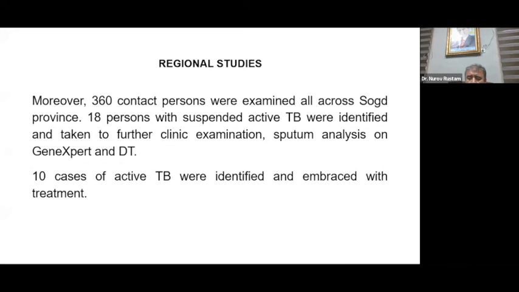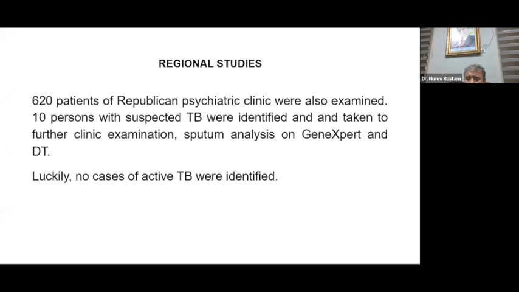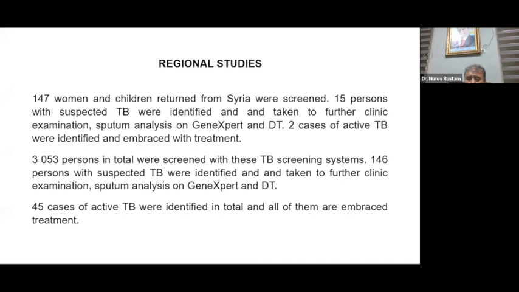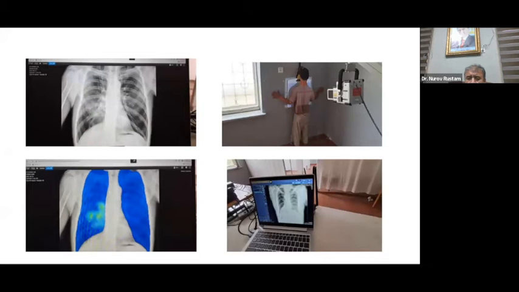And at the moment, all these patients are receiving treatment. So there are some photos which I would like to share with you, and these photos reflect the process of screening among contact persons and persons from vulnerable and risk groups.